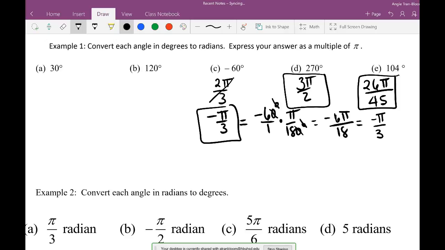Is it the same? What is the negative in trig? What's the negative in trig tell you to do? Aren't you traveling a different direction? Positive 300 is traveling what direction? Counterclockwise. So are those the same? One's going clockwise, one's going counterclockwise. Would they be the same? They would not be the same.